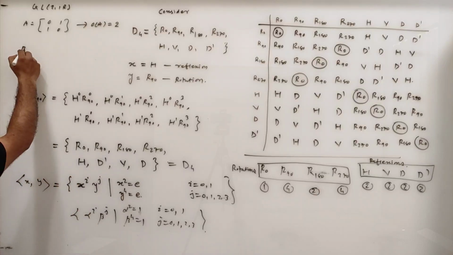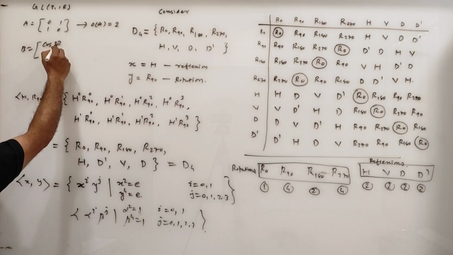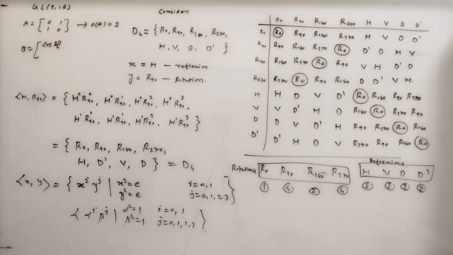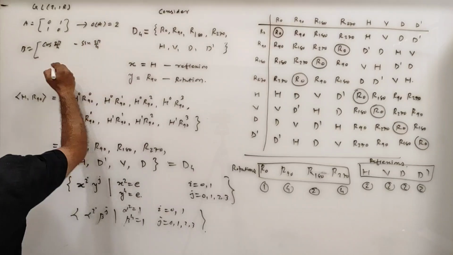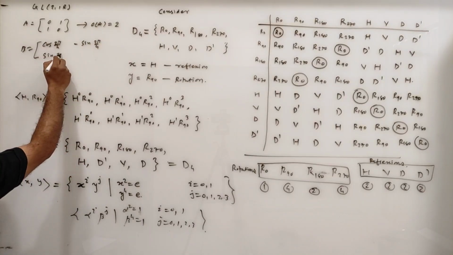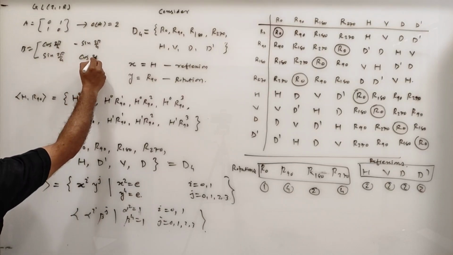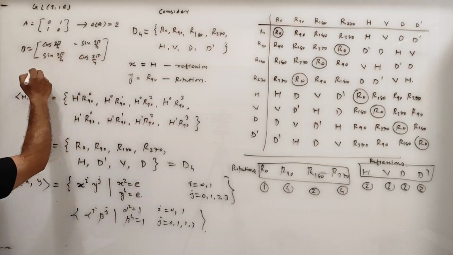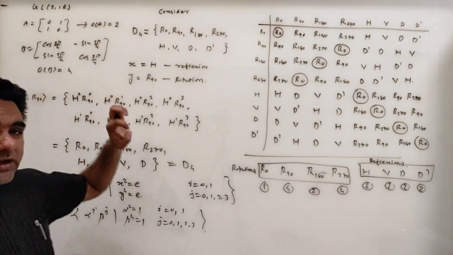You consider B is equal to cos 2 pi by 4, minus sine 2 pi by 4, sine 2 pi by 4 and cos 2 pi by 4, and you can verify the order of B will be 4. ये B का ऑर्डर है ना, आपको 4 मिलेगा.